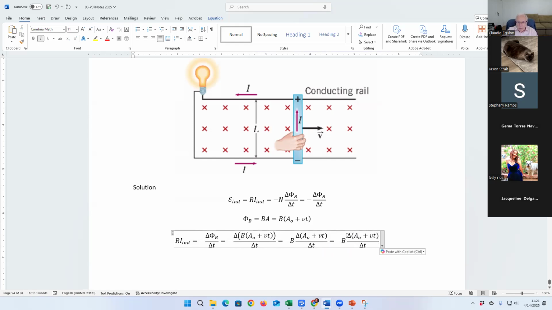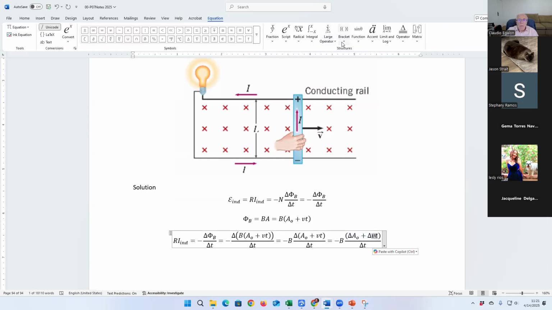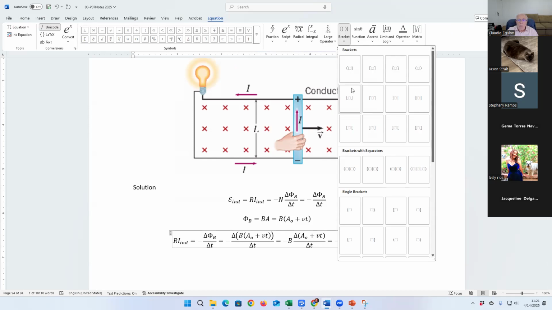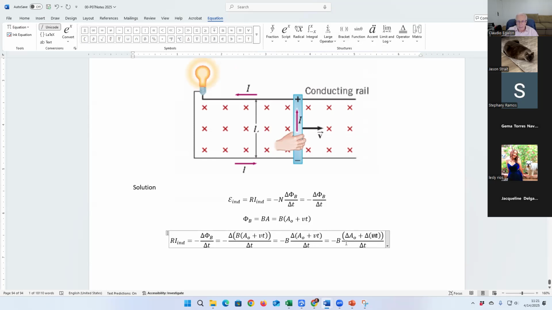We got to break it down: delta A naught, delta vt. I don't need this second parenthesis anymore.